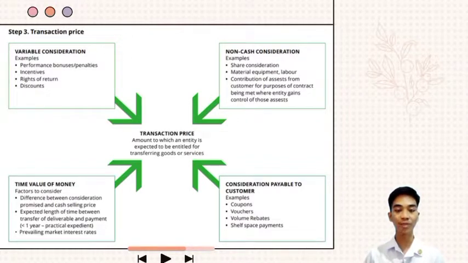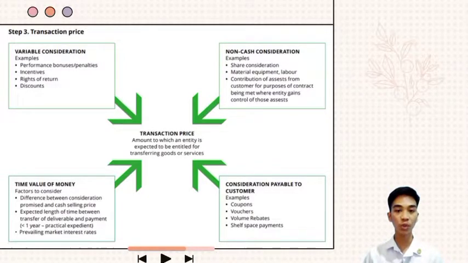We also have the time value of money, which we have factors to consider, like difference between consideration promised and the cash selling price, expected length of time between transfer of deliverable and payment, where if the contract period is less than 1 year the entity can disregard the time value of money or practical measurement is advisable, and also the prevailing market interest rates.